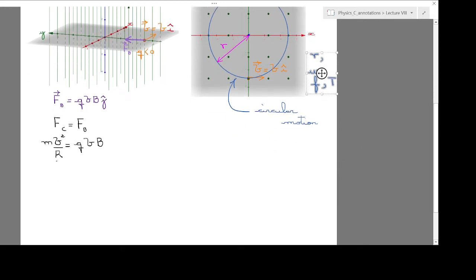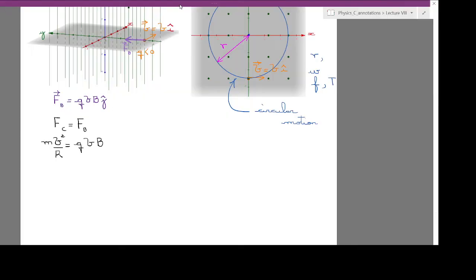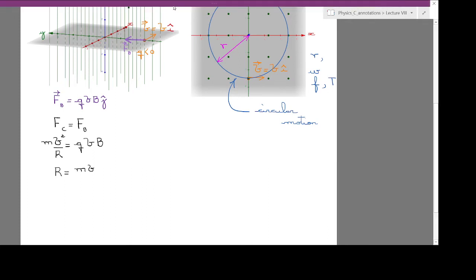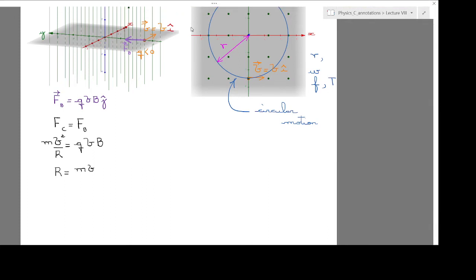We just have to balance these two forces here, so we can find that the radius for this circular trajectory is going to be m times v divided by, let's try to make it as perfect as possible.